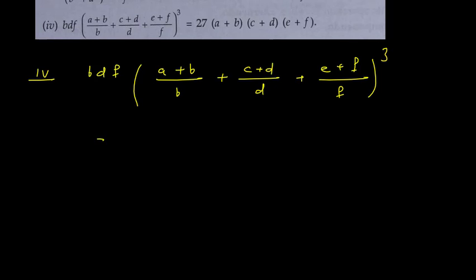And this we have to prove is equal to 27 into (a plus b) into (c plus d) into (e plus f). Now this time the question seems a little tough. Yes, 27 we should get, and then (a plus b) into (c plus d) into (e plus f).